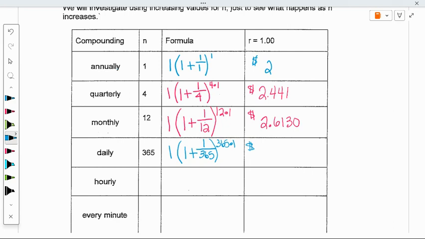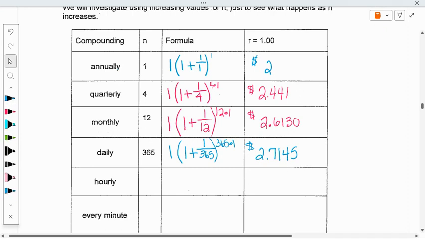I got 2.7145. Is that what you got? Okay.